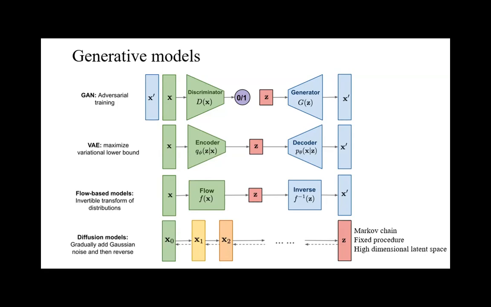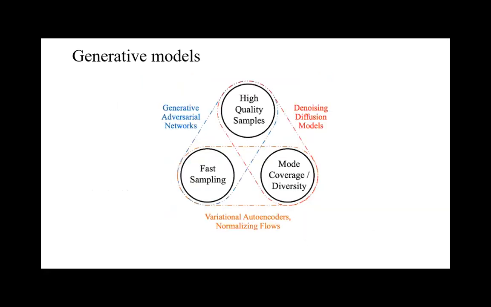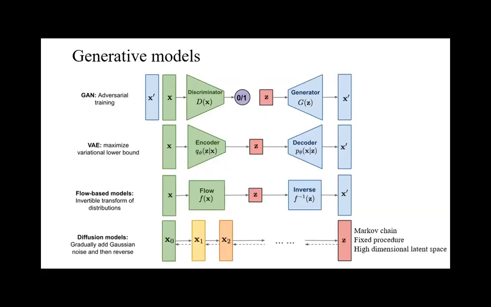Here we have a forward process in which we go from x0, my image, into a latent representation, and then I go backward from my vector C, my representation, to the original image. This is known as a Markov chain process. Why?